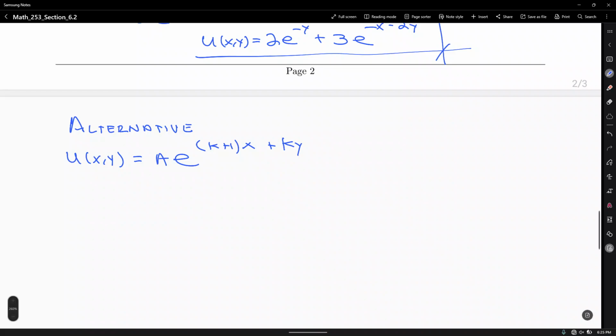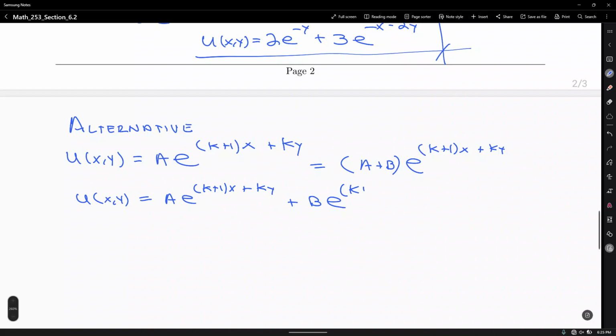Let this be equal to A plus B, times e to the (k plus 1)x plus ky. And I'm going to generate two terms right here. u of x, y equals A e to the (k plus 1)x plus ky plus B e to the (k plus 1)x plus ky.